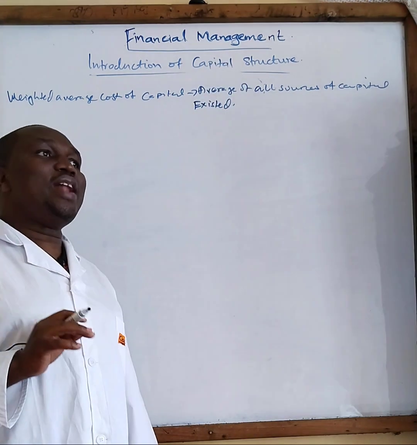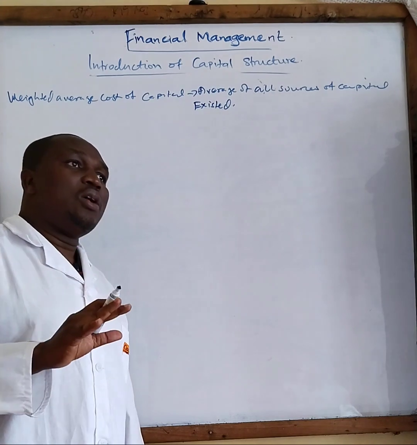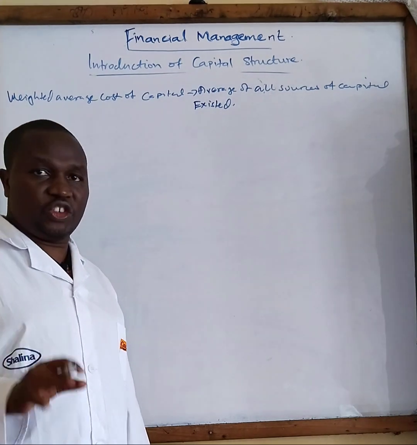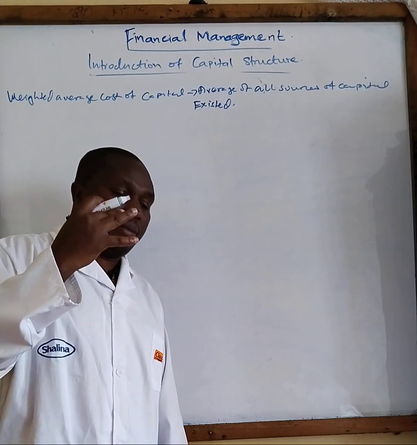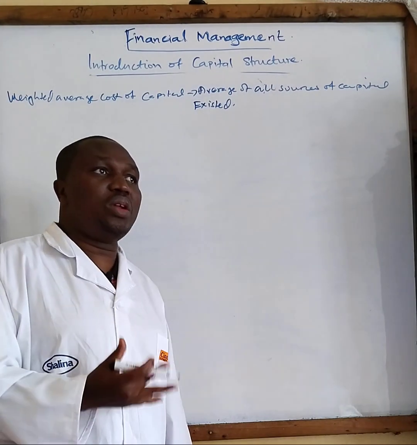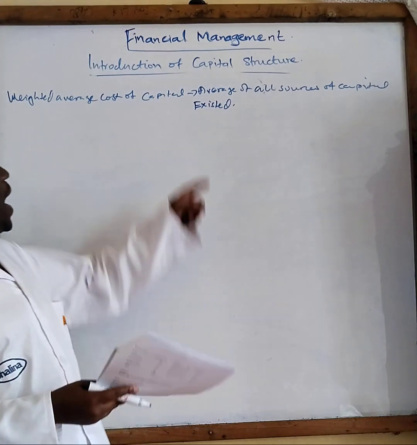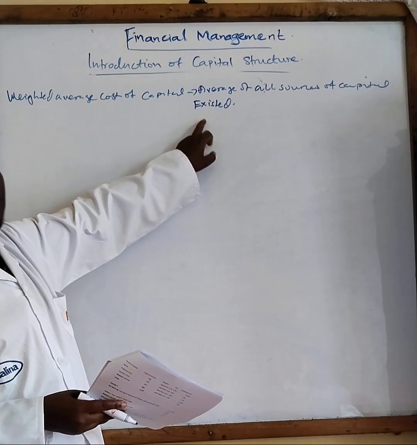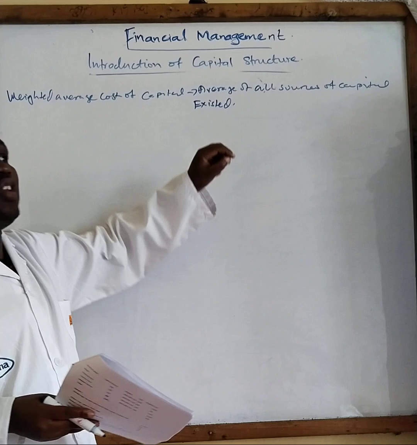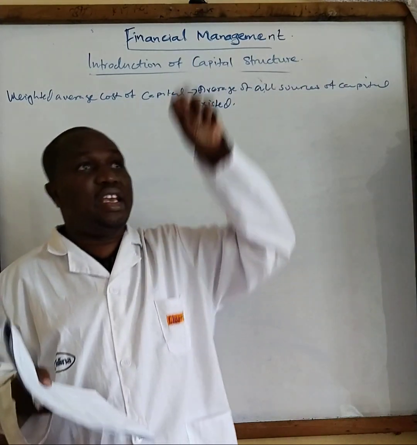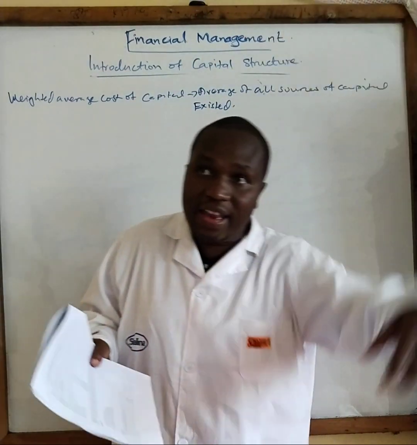Now, what if we want to add additional fund or additional capital into the organization? That additional fund is what we call marginal cost. We already have the capital structure here, but we want to add debt, or equity, or retained earnings.